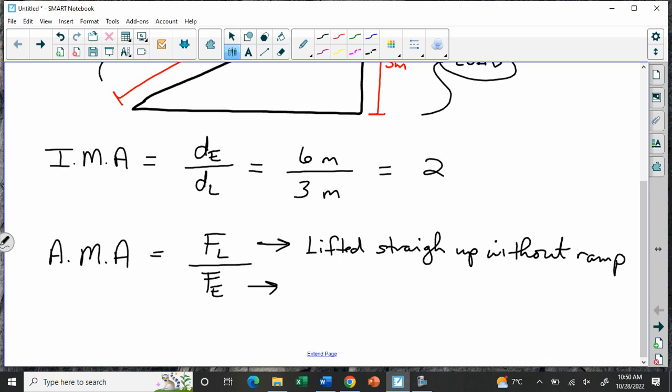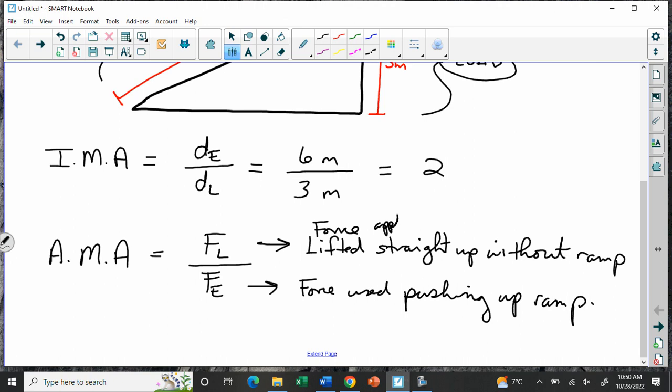So actually I should have written here: this is the force used to lift straight up, and down here it's the force used pushing up the ramp. These are both applied forces, the forces that you're pushing with, so let's put force applied, force applied.